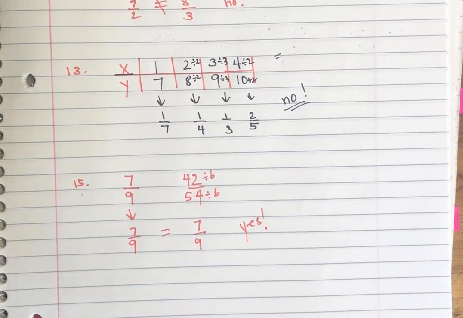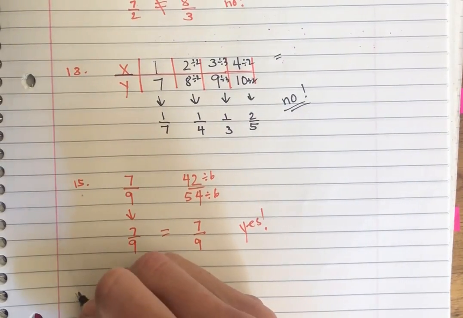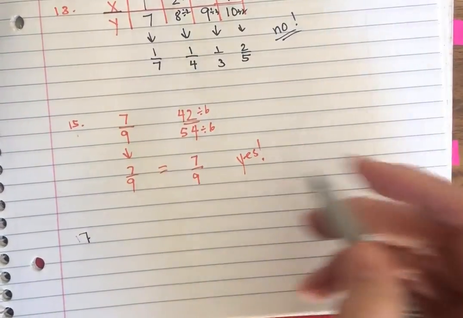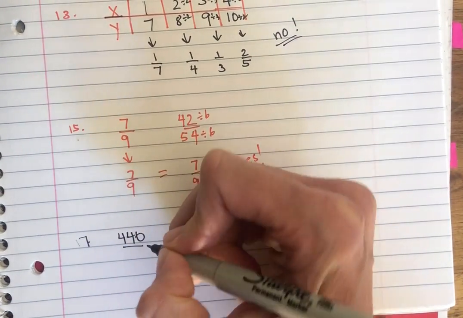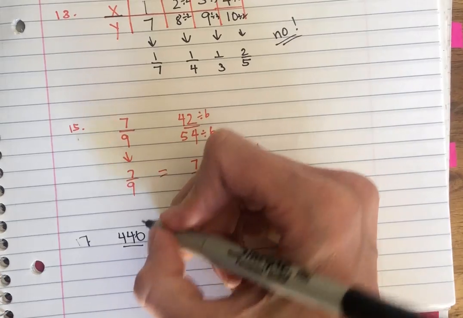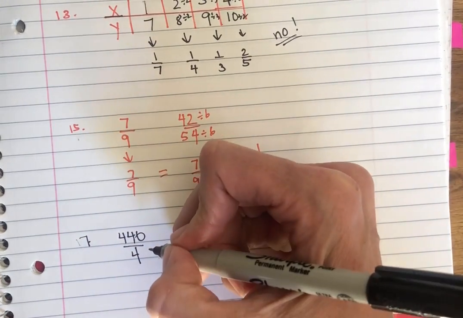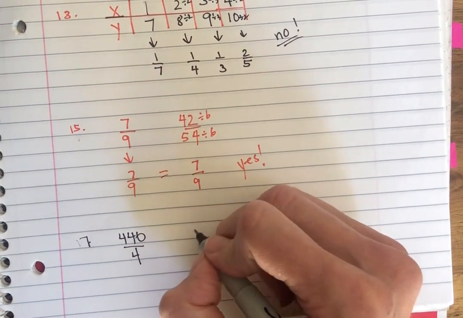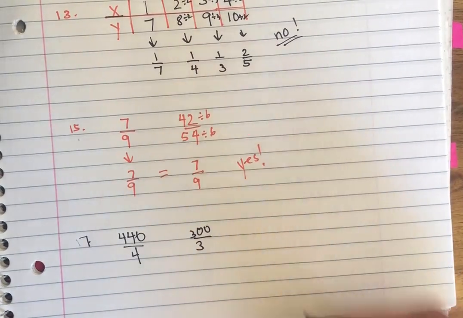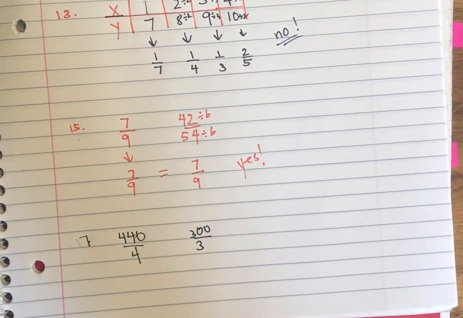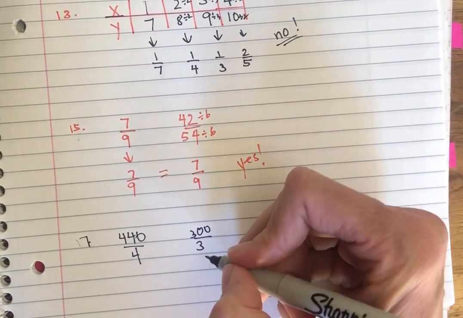Number 17. 440 calories in 4 servings. And the second rate is 300 calories in 3 servings. So again, you can pick and choose your strategy. It doesn't matter. I'm going to just reduce these to see what happens.